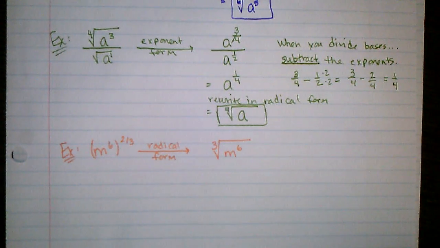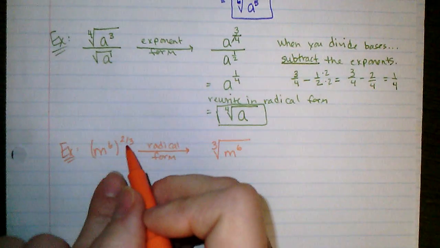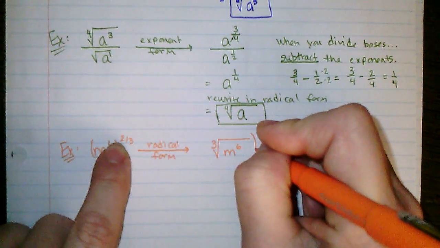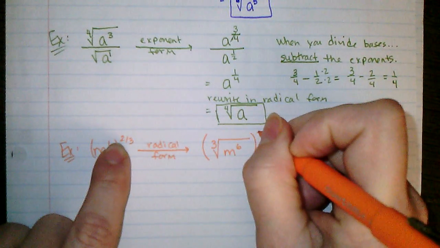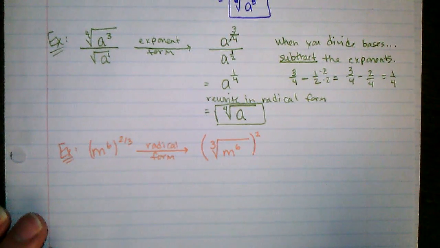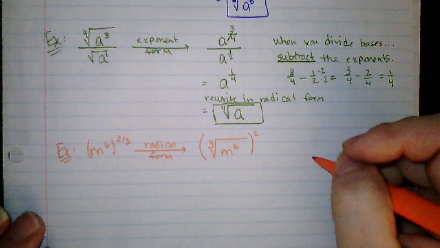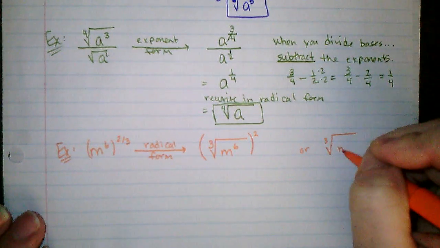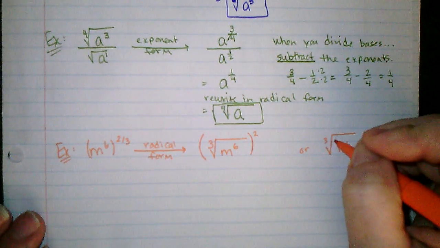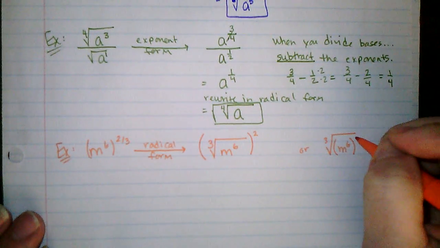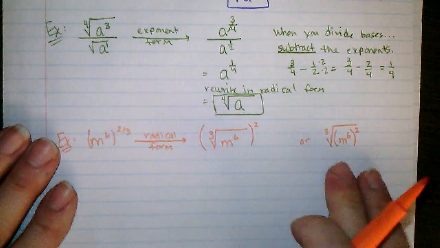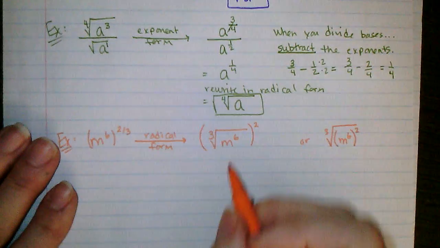And then what I'm going to have you do is take this 2 and put it all the way on the outside. Now, you could have done that the traditional way that we've been doing them. You could have done cube root of m to the sixth and then raised to the 2 power. It's up to you. I will show you how to do both ways. I think this way is easier.